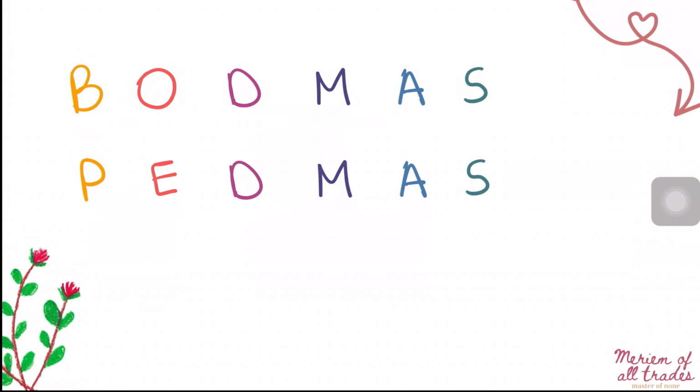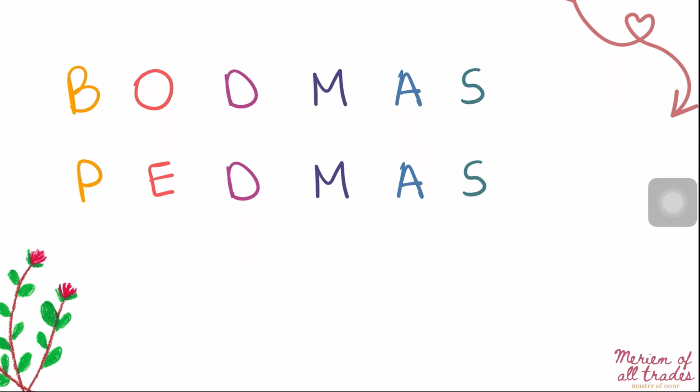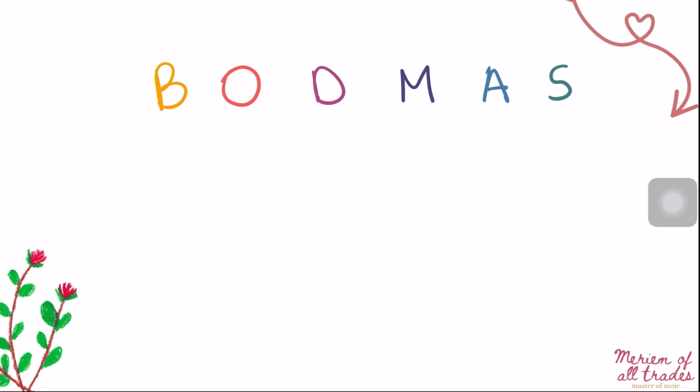Now this BODMAS is just an acronym, or the PEDMAS as commonly remembered. It's just an acronym, so each letter stands for an operation. The only difference that we have here is that here the P stands for parentheses and here for exponent. So B stands for brackets.